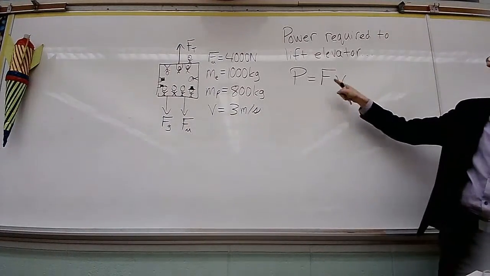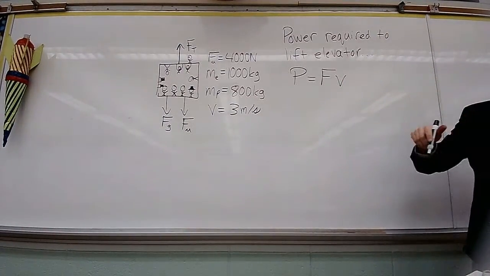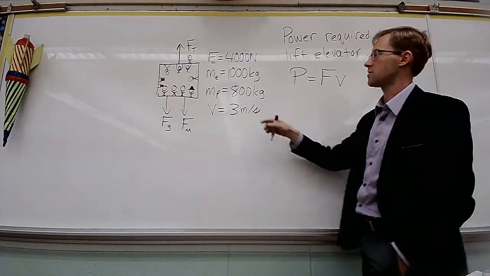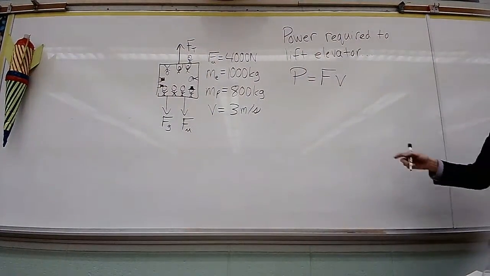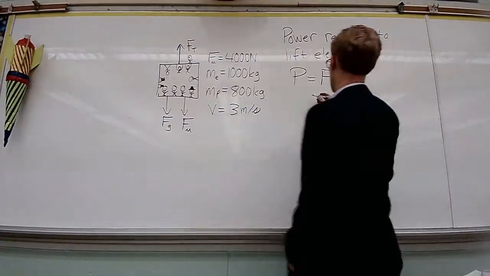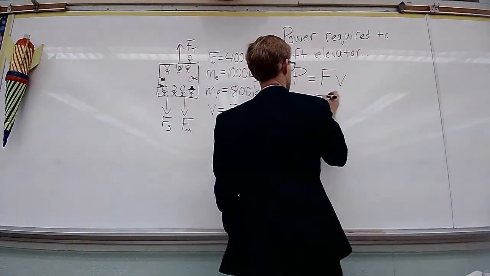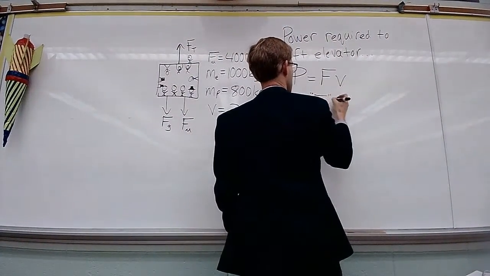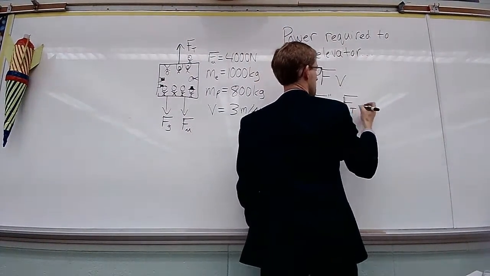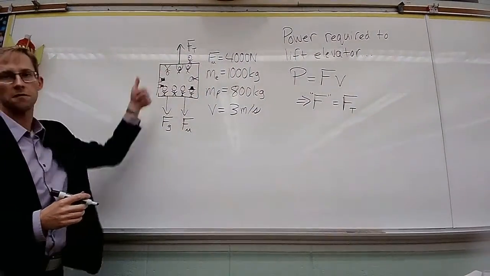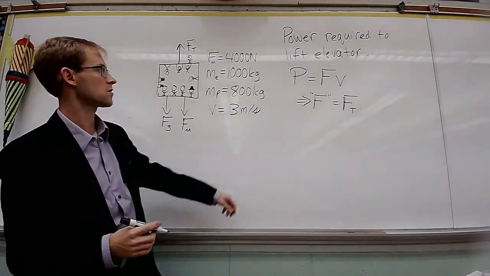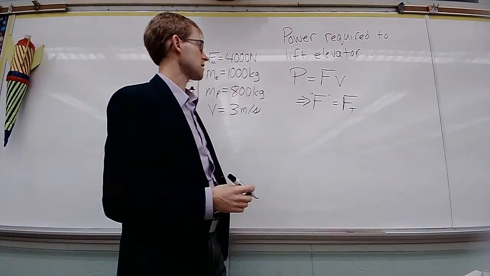Is it just the sum of gravity and friction? Yeah, it's your tension force, which would be the sum of those two things. So this is your tension force here, because this is the force that is in play as it's lifting the elevator. That force is what goes in this spot of the equation.